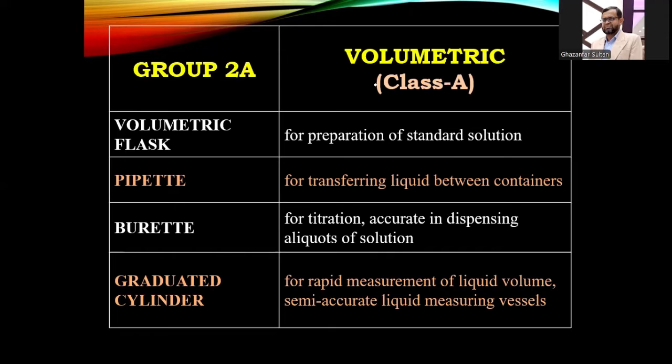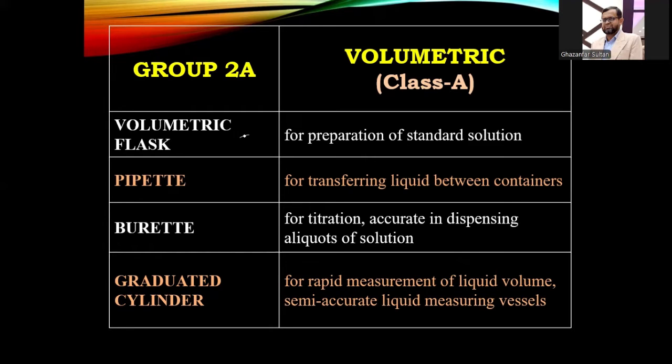Class A volumetric apparatus are those which have accurate volume, where the accurate volume can be transferred and contained. For example, volumetric flasks are used to prepare a standard solution, a solution of known concentration, because it has high accuracy for determining the volume.